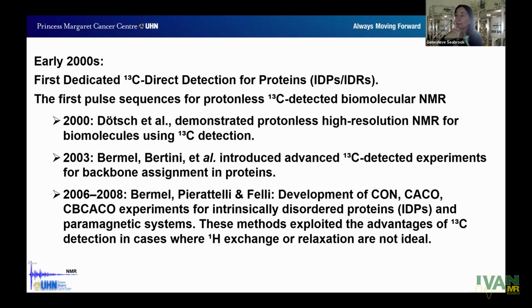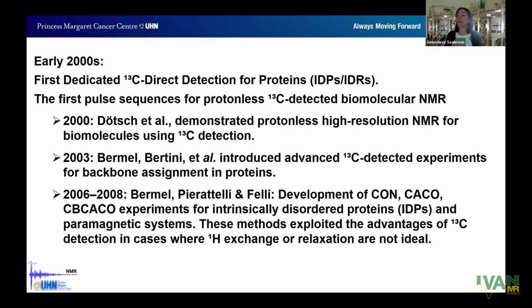Wolfgang Bermel from Bruker, with the group of Bertini and others, introduced advanced C13 direct detection experiments for backbone assignment of prolines. Again, this group was mainly working on IDPs, intrinsically disordered proteins and regions.